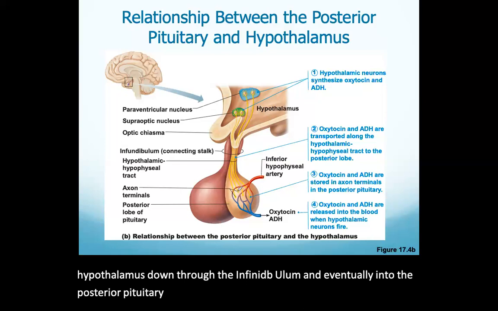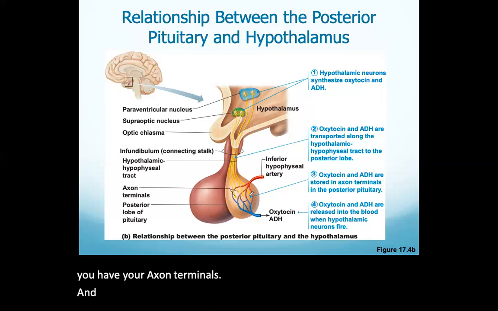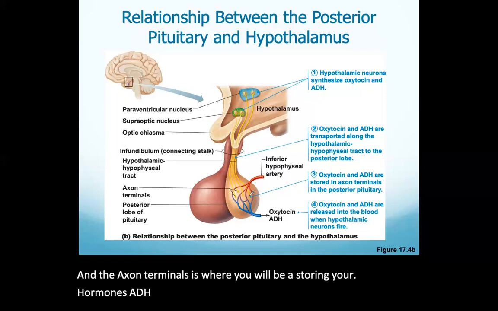Again, remember that at the end of the axons, you have your axon terminals, and the axon terminals are where you will be storing your hormones, ADH or oxytocin, depending on their connection to the hypothalamus.